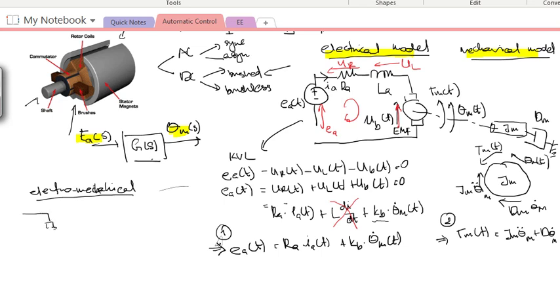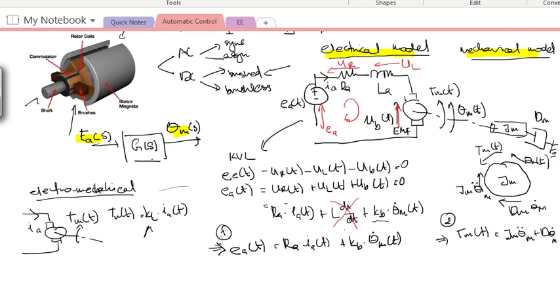So in your motor, basically, you create a torque, Tm, and its relation with the current can be written as Tm(t) equals Kt multiplied by Ia(t), right? So the torque that is created in a DC motor is proportional to, has a relation with, the current. The more load you have, the more torque you have to supply, the more current it will consume electrically.